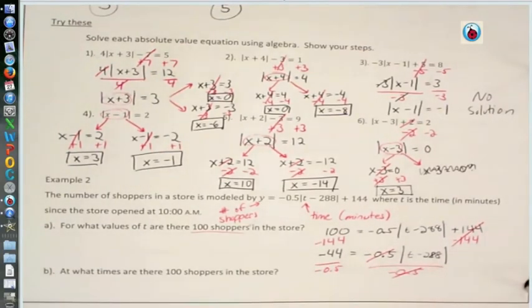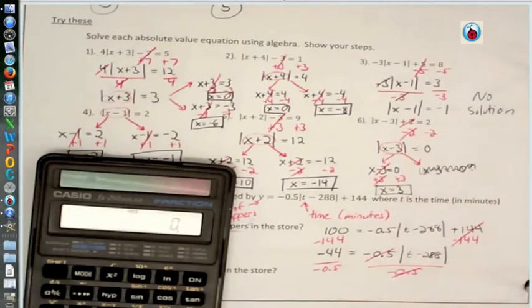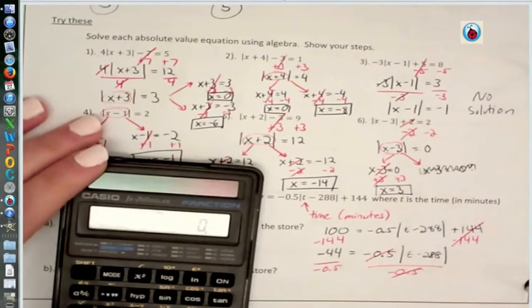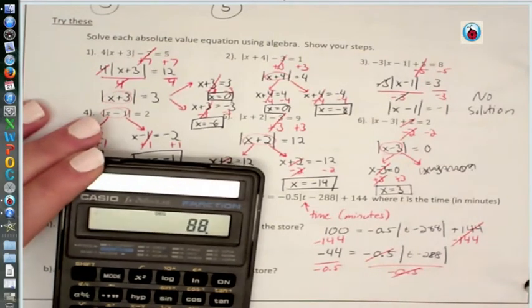If you want, I can show you this on a calculator. First of all, I know negative divided by negative will be positive, so I'm not really worried about that part. What I want to know is 44 divided by 0.5 equals 88.